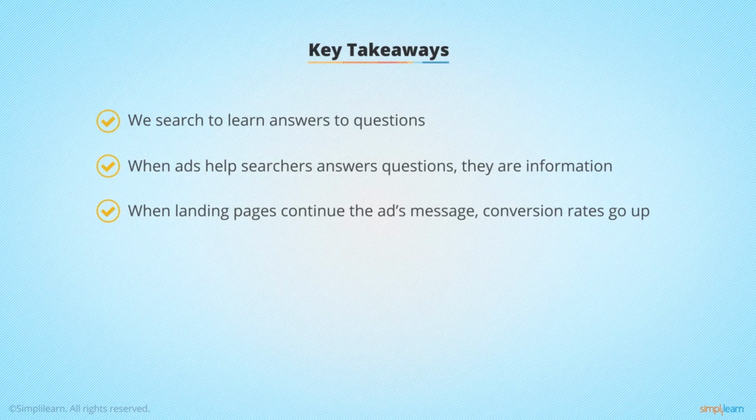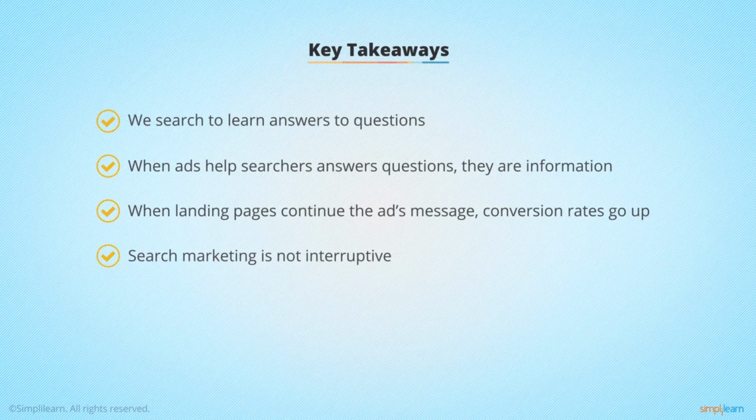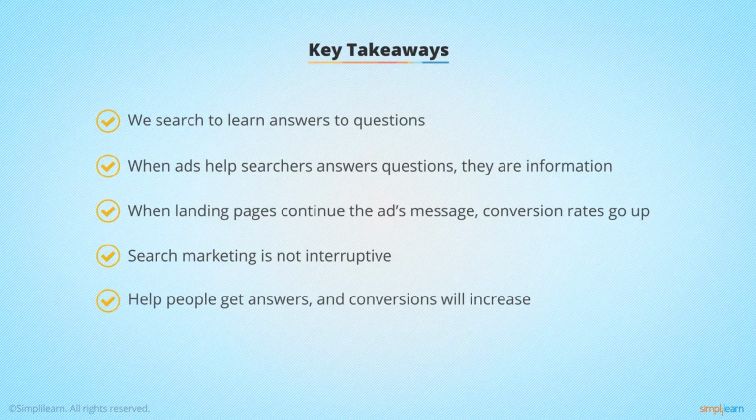When that landing page connects the user to what they searched for initially, and contains information about the ads, that's when conversion rates go up. So search is non-interruptive. Someone's already looking for information. So when you help people get answers to their questions, that's when your conversions go up and paid search becomes an incredibly profitable channel for your business.